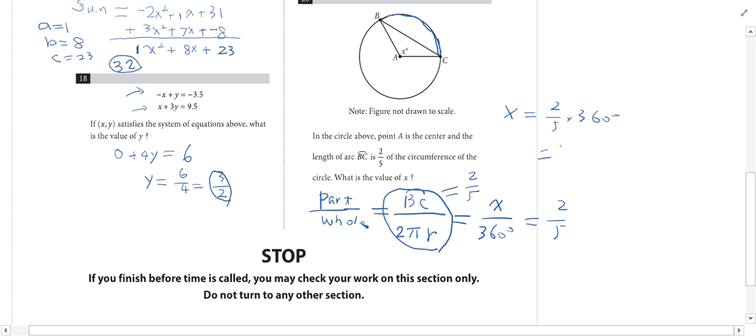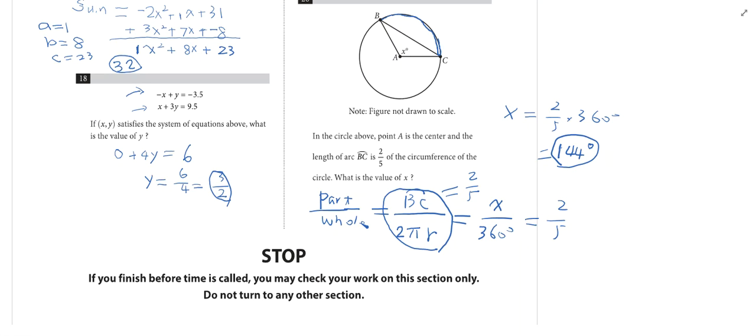So the answer for number 20 is 144 degrees. Okay, so we finished Section 3.